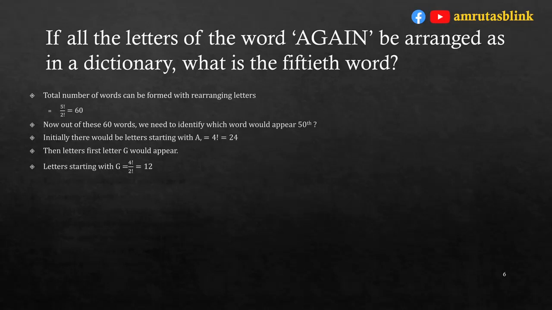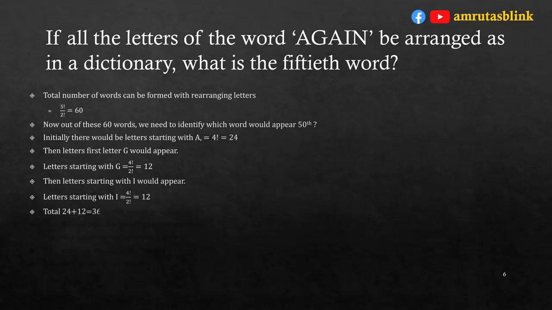Now 24 plus 12 is equal to 36, but we need to find out 50th word. So we will go with the next letter in sequence. So after G there would be I. Now how many words can be there which are starting with I? Again similar to G, 4 factorial upon 2 factorial, that is 12.